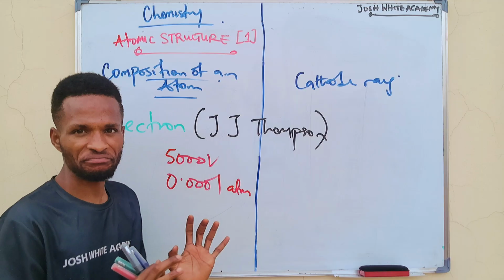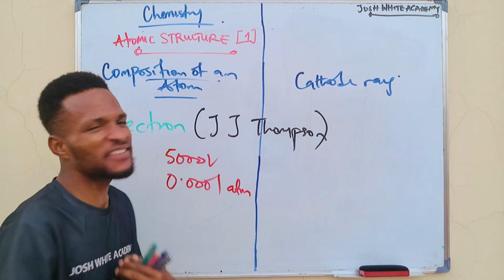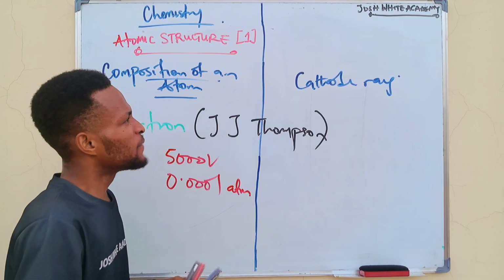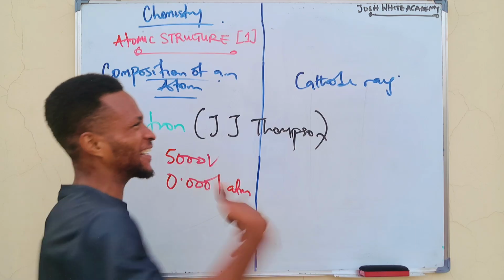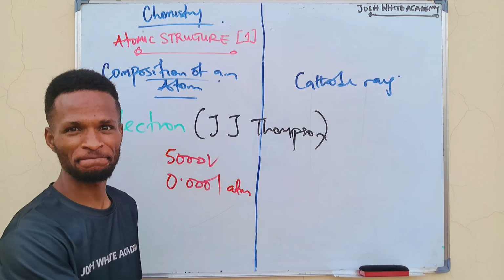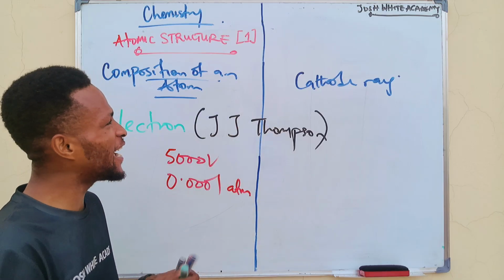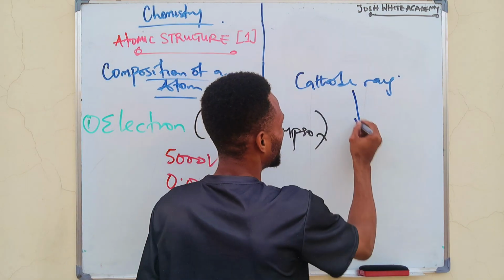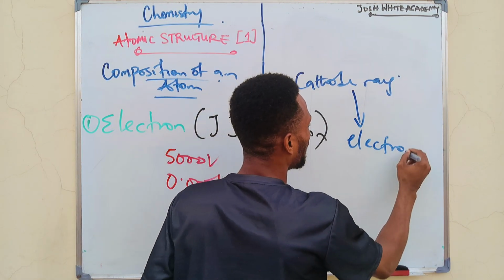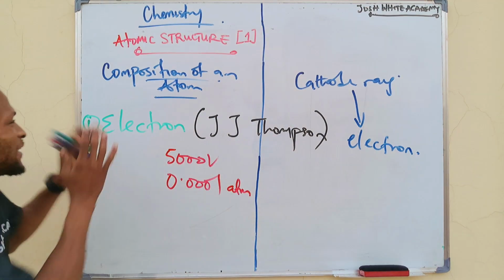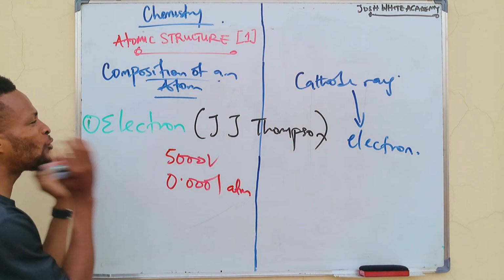And thirdly, he noticed that this ray can cause mechanical motion. Later, this cathode ray was called the electron. So that was the way the electron was discovered.